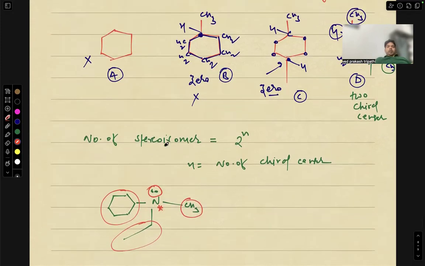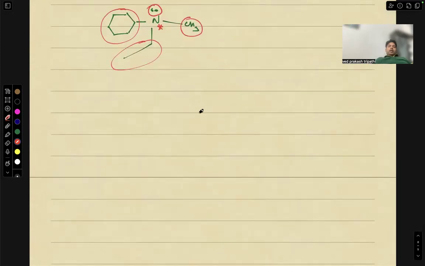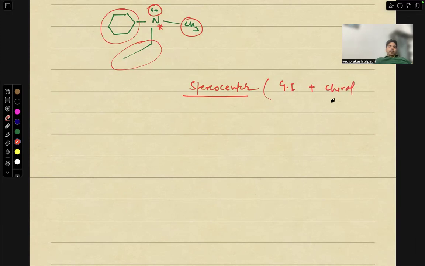So I said that the number of stereoisomers is 2 to the power n, where n is the number of chiral centers. Now there is a term called stereocenter. Stereocenter means the center which is responsible for geometrical isomerism plus chirality. We have done what is geometrical.